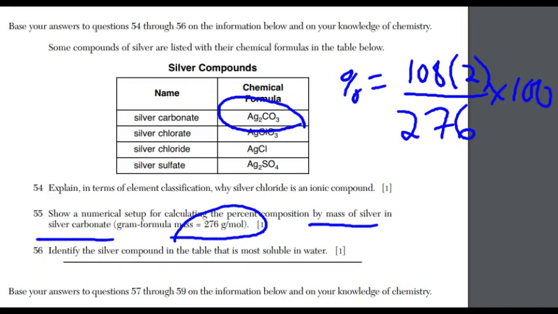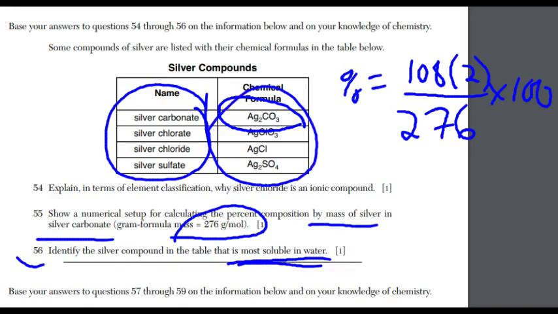All right, let's go on to 56. Identify the silver compound in the table that is most soluble in water. All right, so we need to go to the reference tables and look at what is soluble versus what is insoluble. So we have these 4 compounds we're going to take a look at.